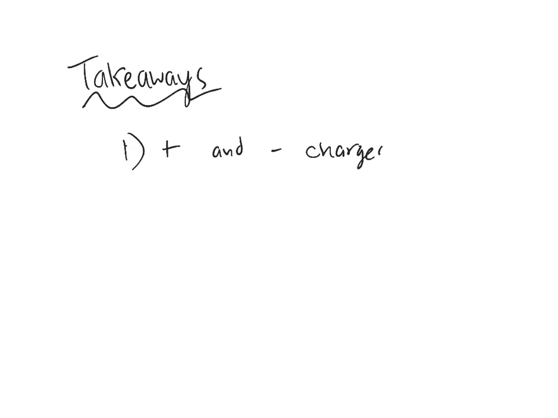Okay, so let's talk takeaways. These are the important things that you need to remember from this video. So first, there are 2 kinds of charge, positive and negative charges. We can also have neutral charges, but they aren't going to feel electric fields or electric forces. Second, opposites attract and like charges repel.